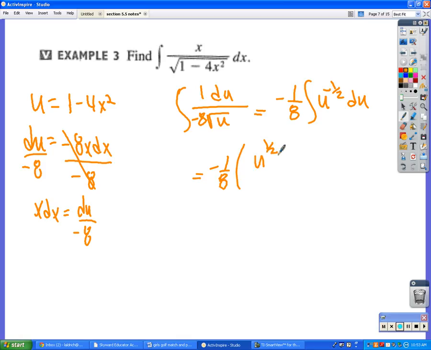Okay, so now what is the antiderivative of u to the negative 1/2? I add 1 to the exponent, I get u to the 1/2 over 1/2 plus c. Dividing by 1/2 is the same as times 2, so this is going to be negative 1/8 times 2 u to the 1/2 plus c.